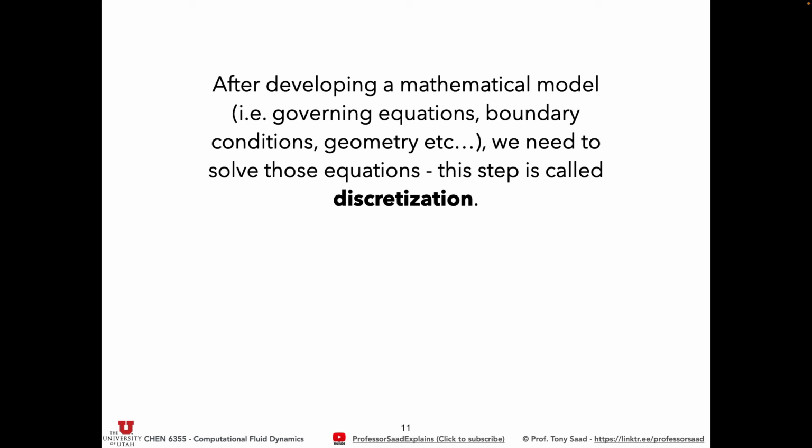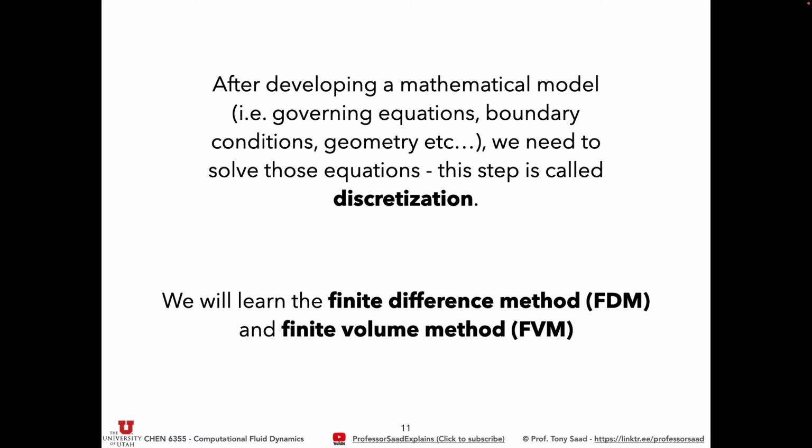Okay, so if you go back to the first set of slides, I said after we develop the mathematical model, right now we have a model. It's called the advection diffusion equation. So we're going to work with the advection diffusion equation. We need to solve these equations numerically, and that step we call discretization. We will learn to discretize initially with the finite difference method, FDM, and later on we will learn the finite volume method.